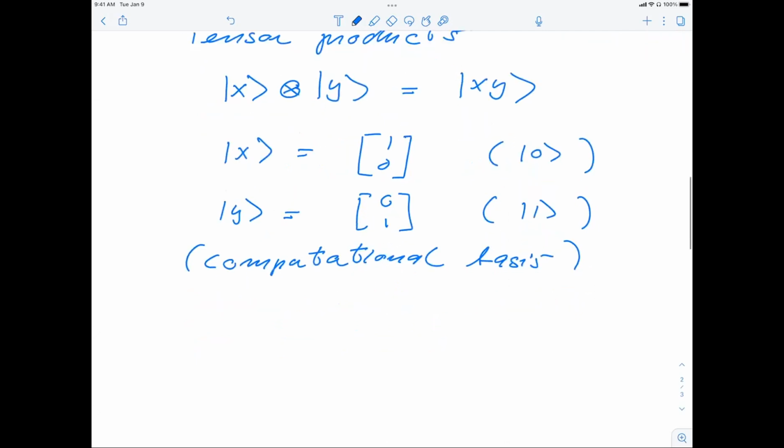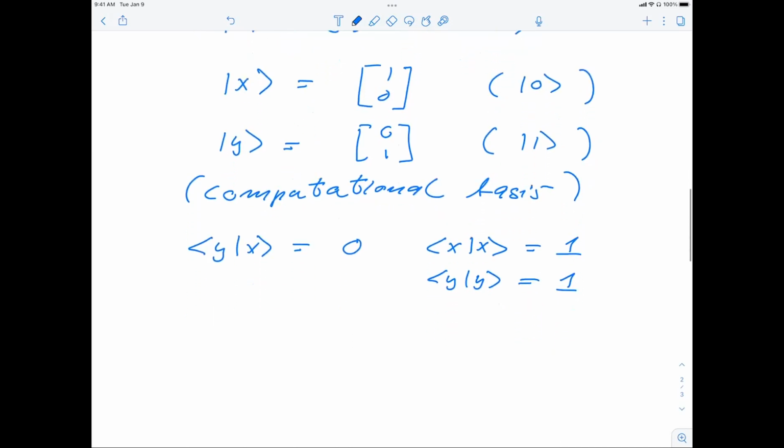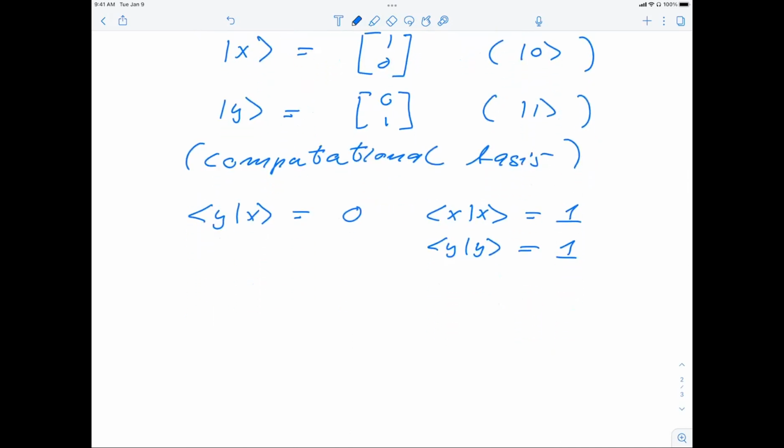You see easily here that if you want to calculate the inner product of y with x, this is obviously equal to 0. That should be pretty obvious. If you take x and x, take the inner product here, this is equal to 1. And the same with y times y, this is equal to 1. Now what we could do now is to take the tensor product of x with itself.